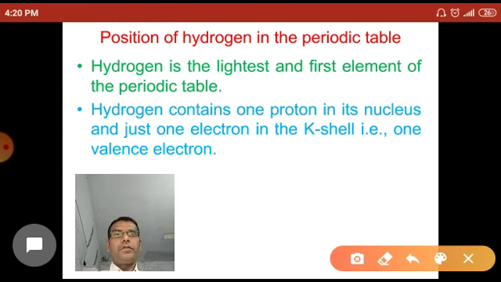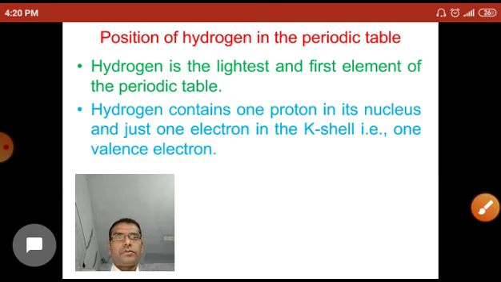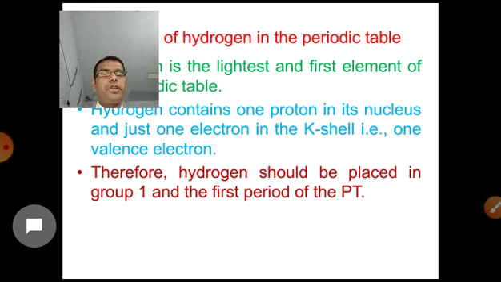Hydrogen contains 1 proton in its nucleus and just 1 electron in the K shell, that is 1 valence electron. Therefore, hydrogen should be placed in group number 1 and the first period of the periodic table, due to its electronic configuration.